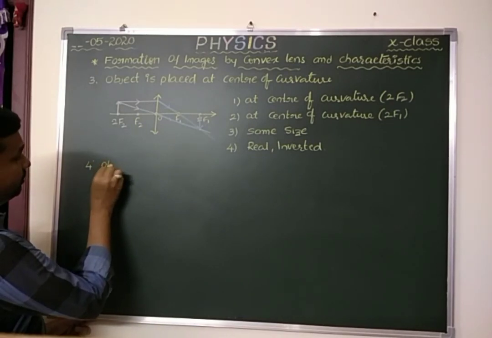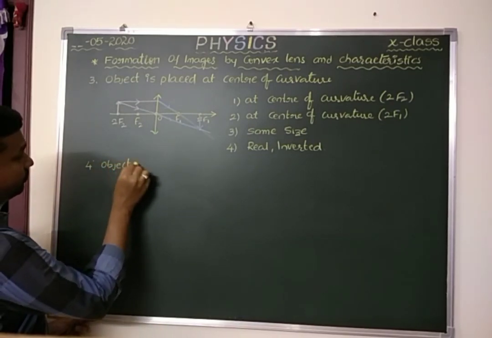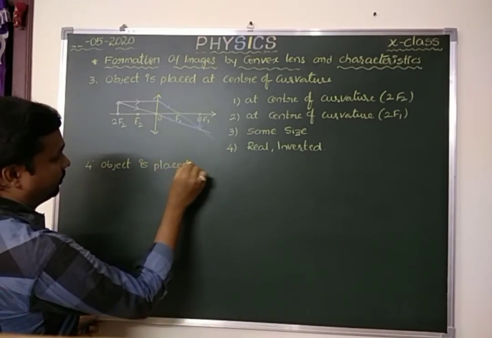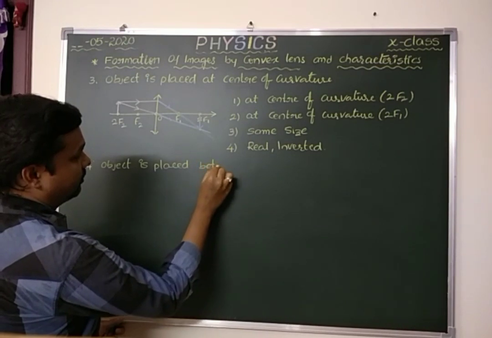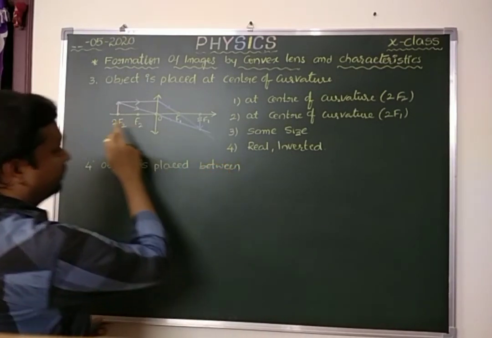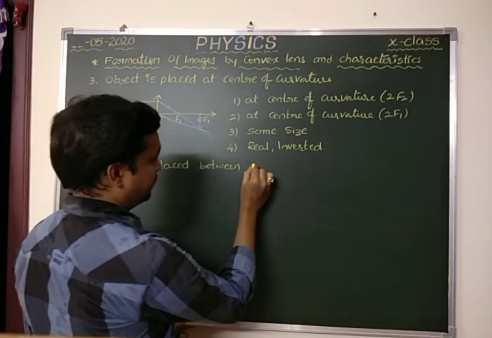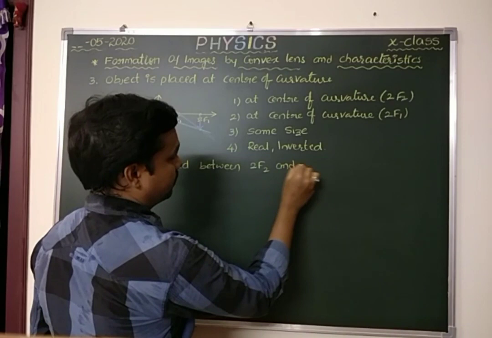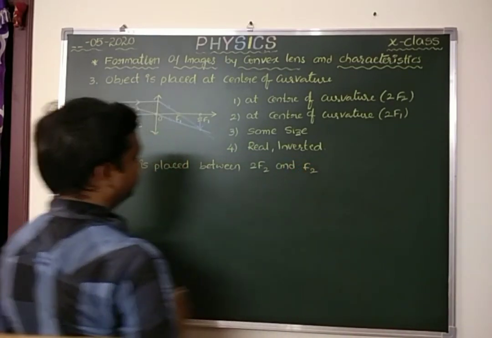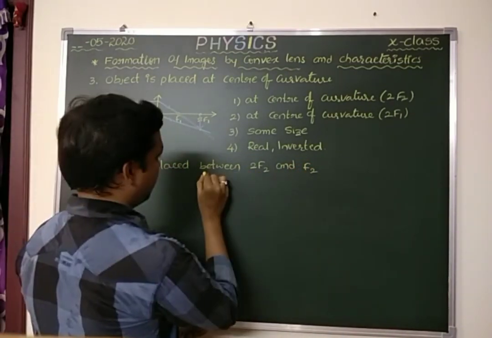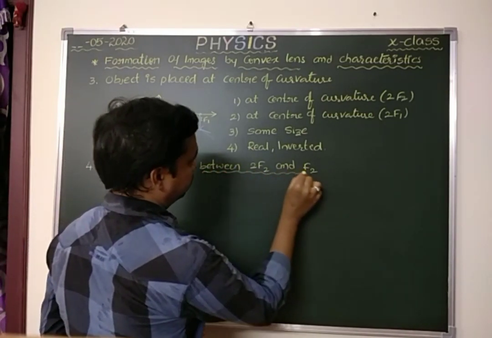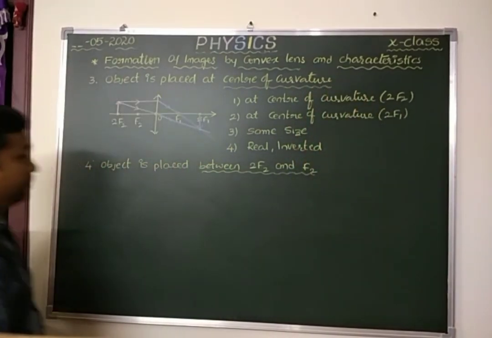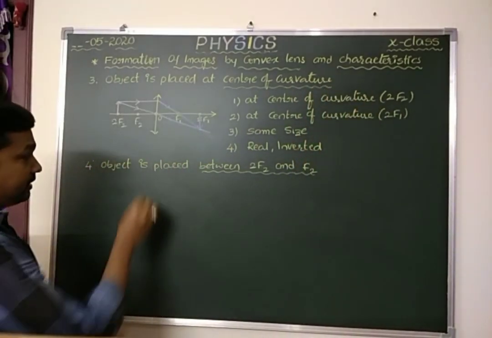Object is placed between center of curvature and focus, 2F2 and F2. Again we are considering a lens.